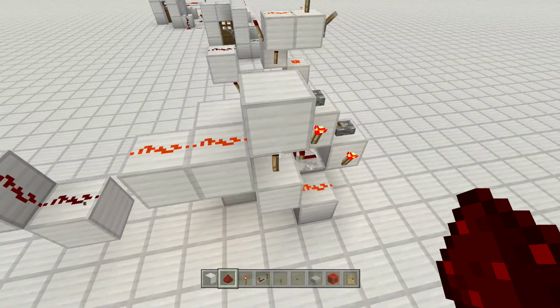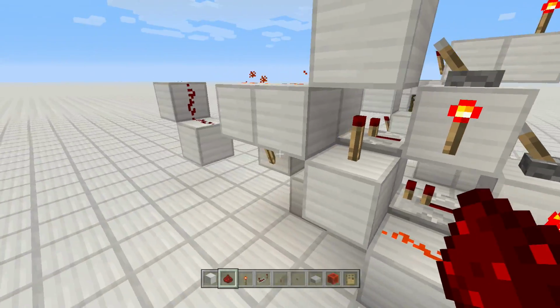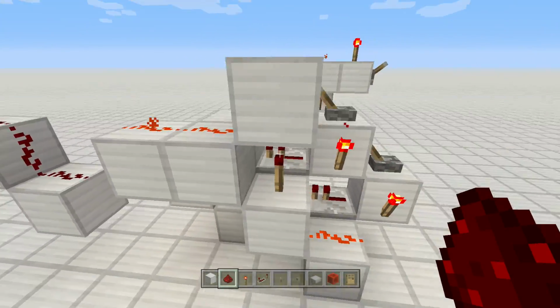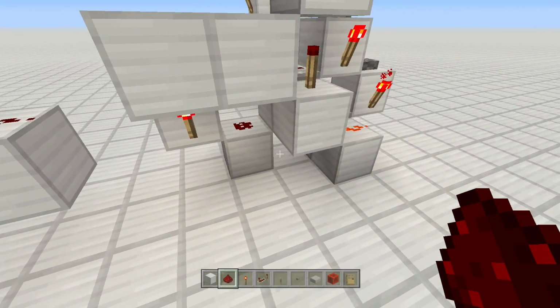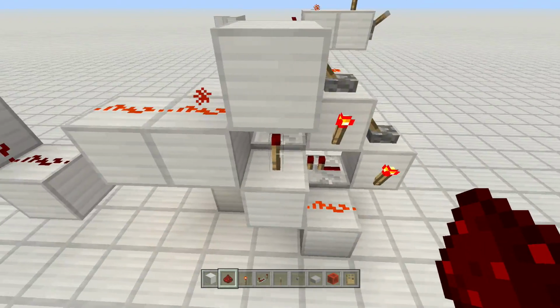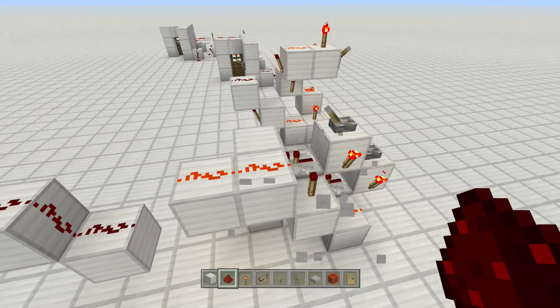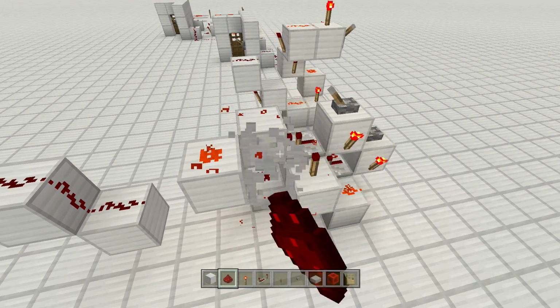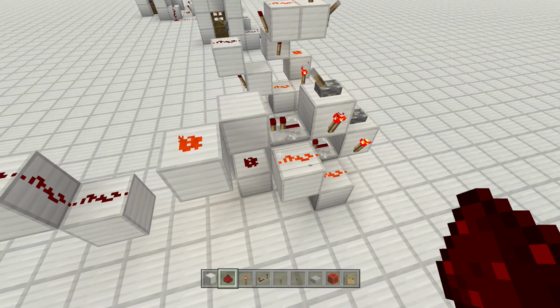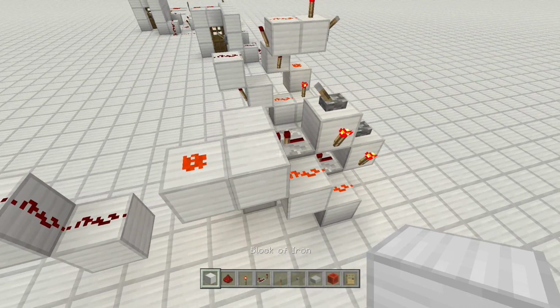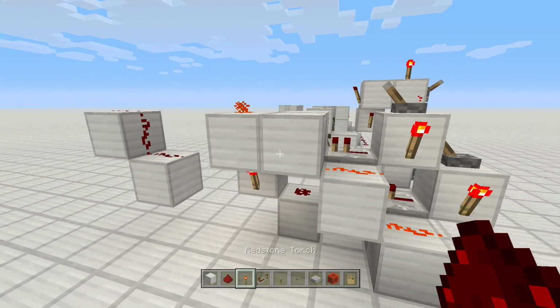If you just want the XNOR part, then you have a 2 tick for the whole thing. If you do want it a little bit smaller, I believe you can probably manage somehow to move this torch over here.